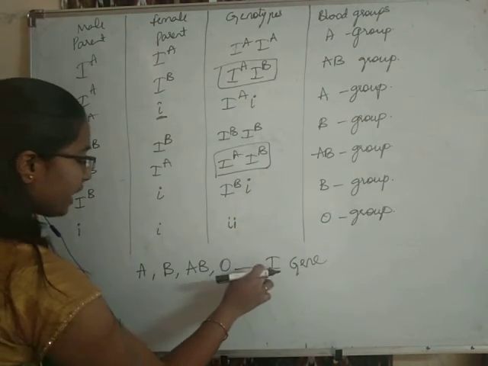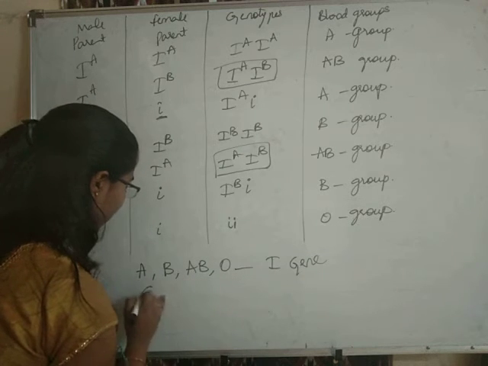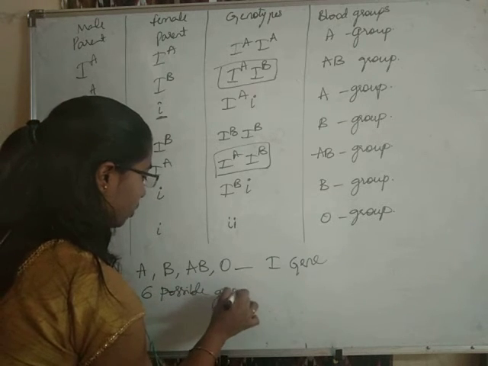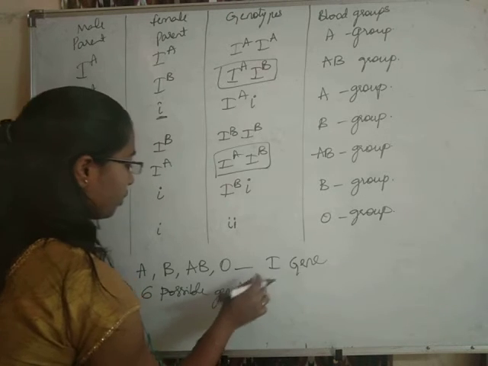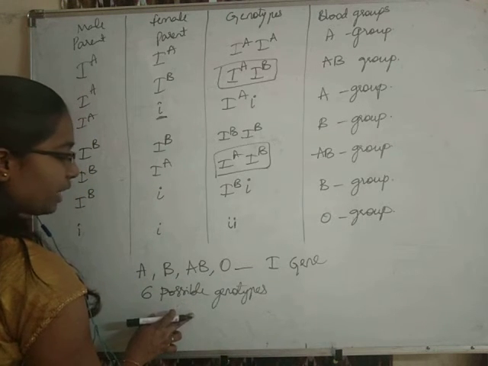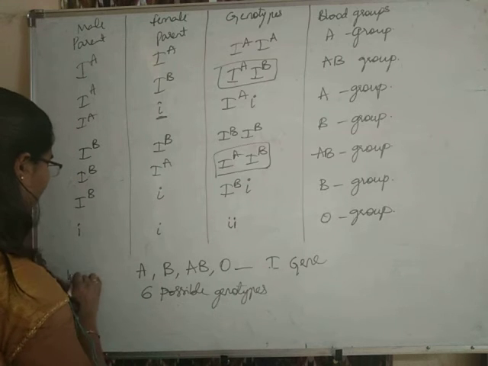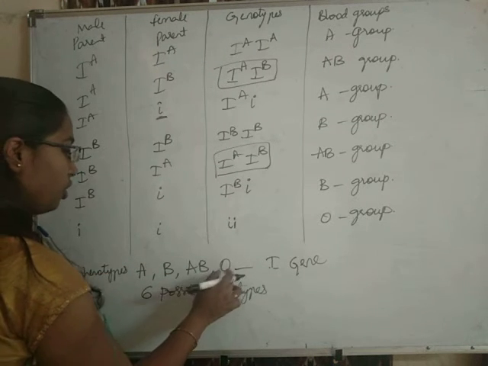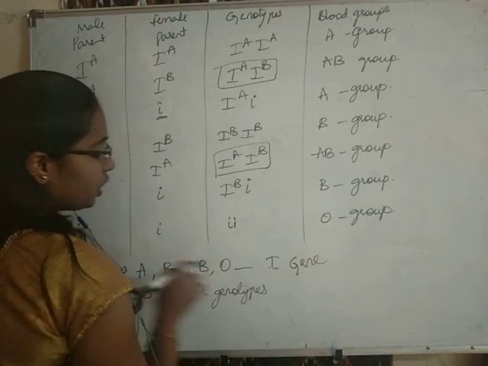Okay. So, this I gene is giving 4 phenotypes, that is A, B, AB or O, and 6 possible genotypes.